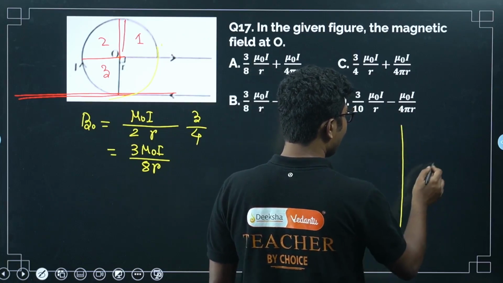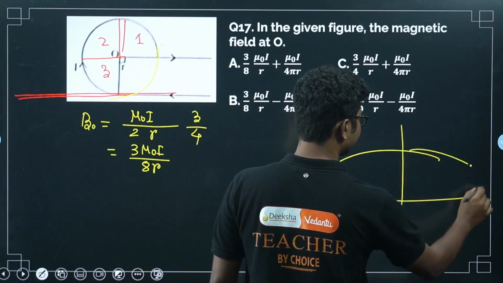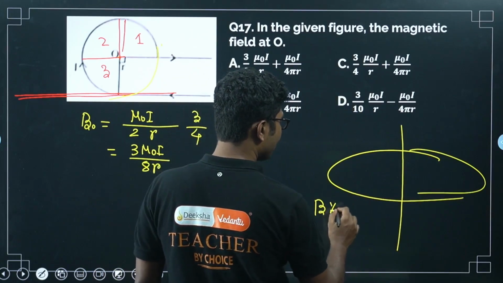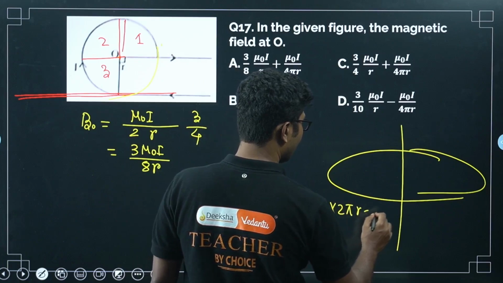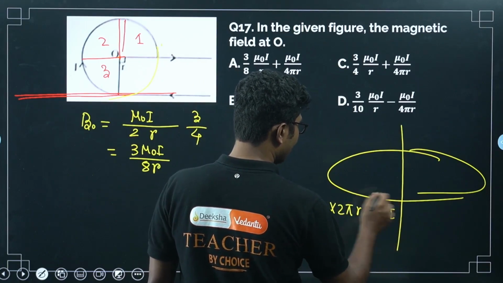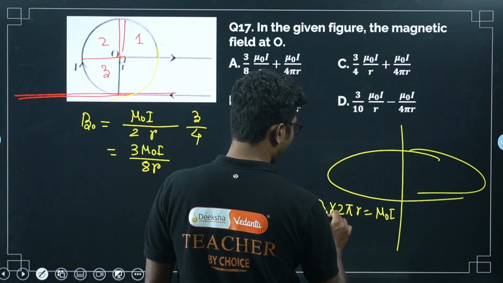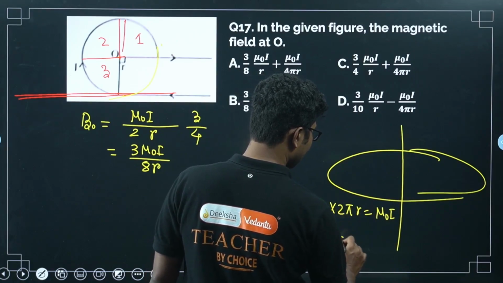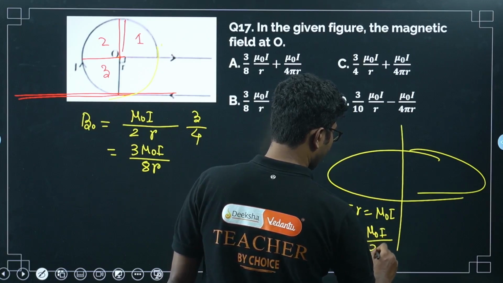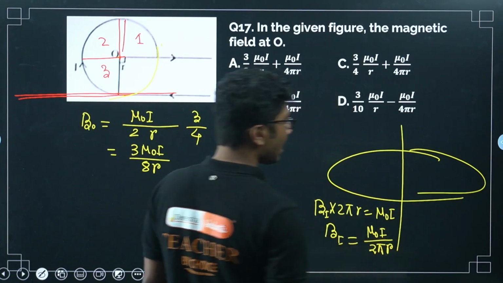This is a wire, this is the circle that we have constructed, and we said B times 2 pi r is equal to mu naught I. Remember that? So B due to the current carrying wire is mu naught I by 2 pi r. You have to remember these formulas by heart.